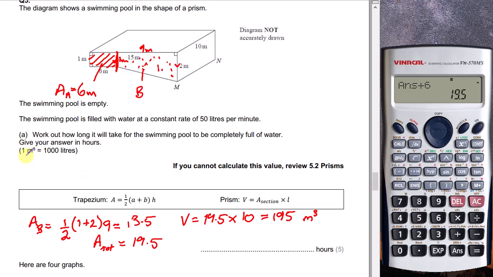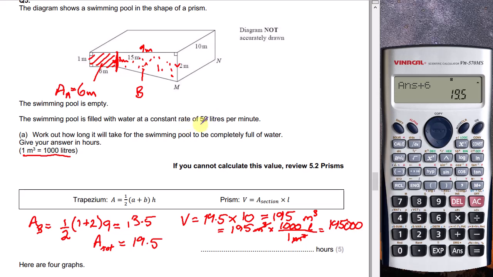They've told us the conversion. So turn that into litres. We multiply by 1,000. So 195 meters cubed times the conversion fraction, 1,000 litres over 1 meter cubed. So the cubes disappear. So that gives me 195,000.